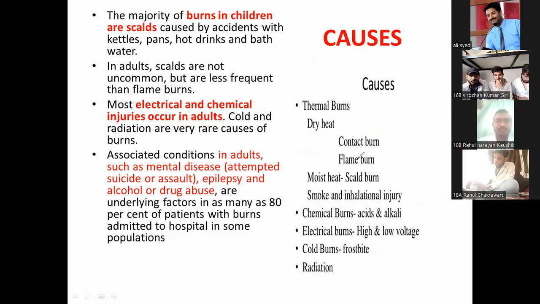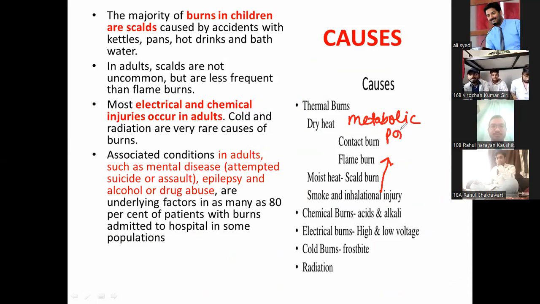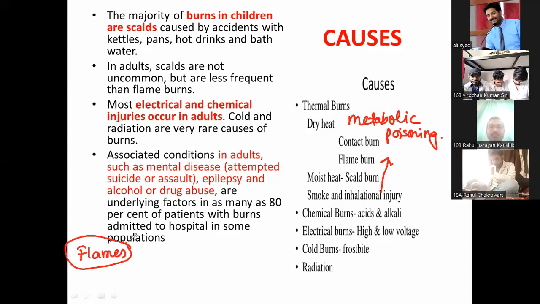Second important point: inhalational injuries can also lead to metabolic poisoning. So what is metabolic poisoning? Whenever there are flames in a closed area, in a closed room for example, what is going to happen?